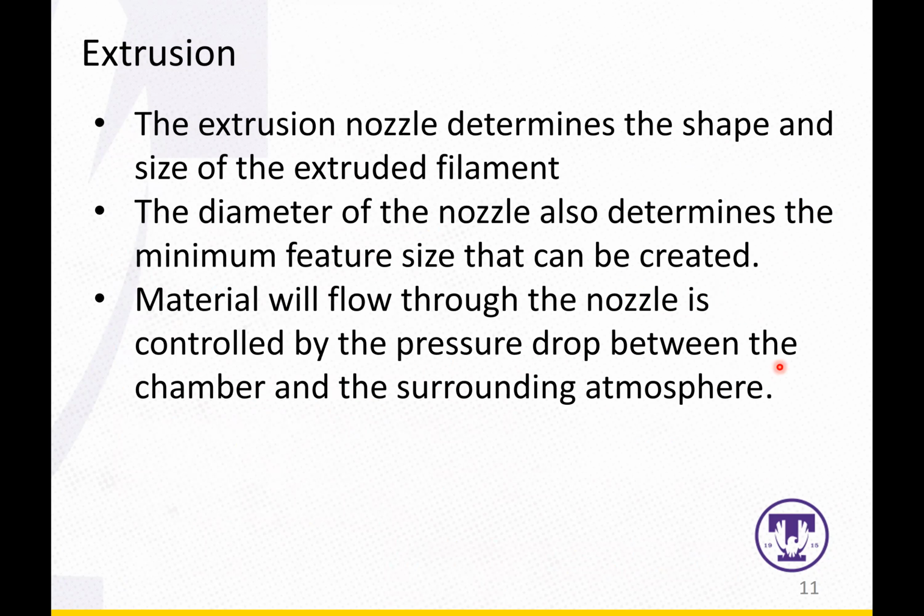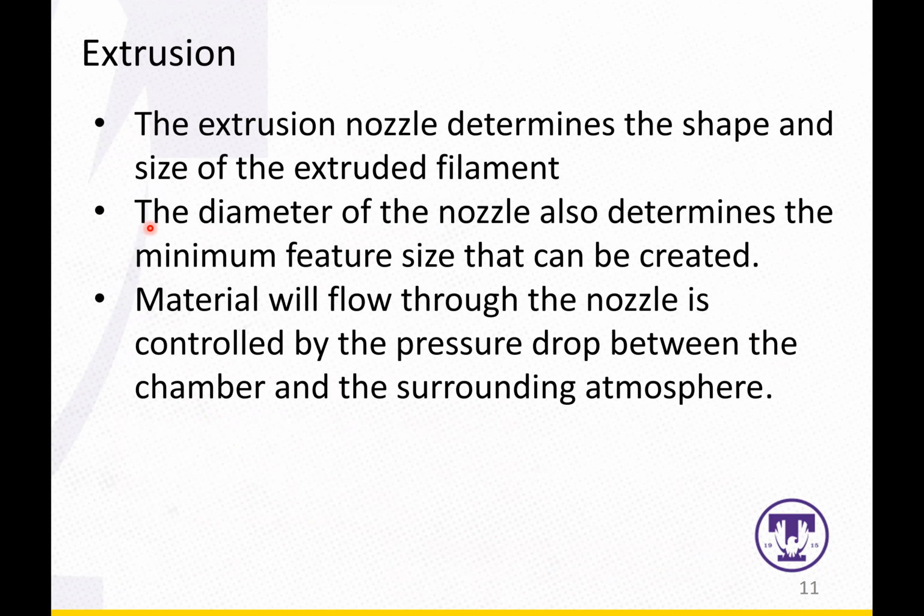So if the size and the shape of the nozzle are different, then what is extruded onto the substrate will be totally different, and that could affect the final geometric features or the material properties of the products you printed.